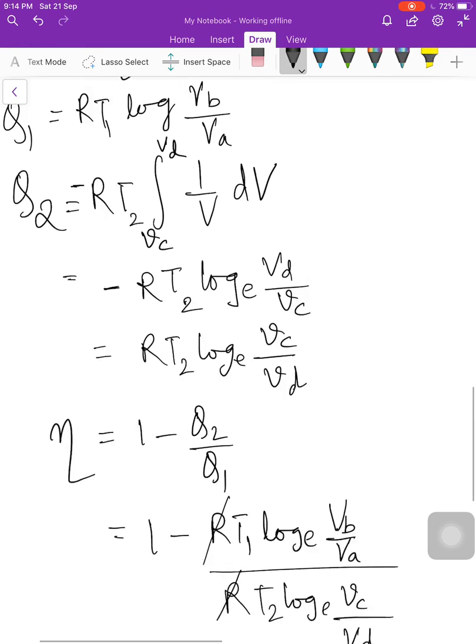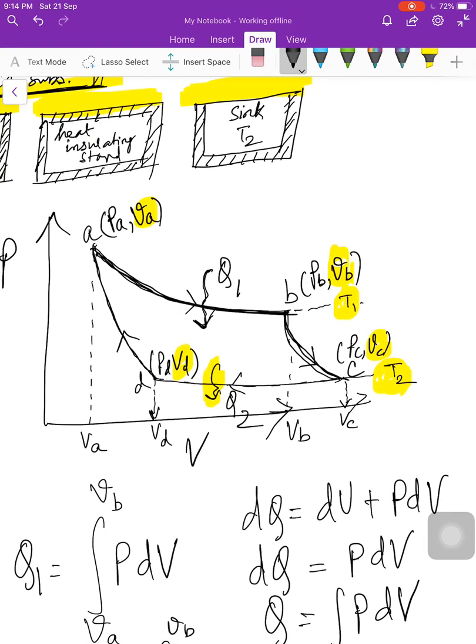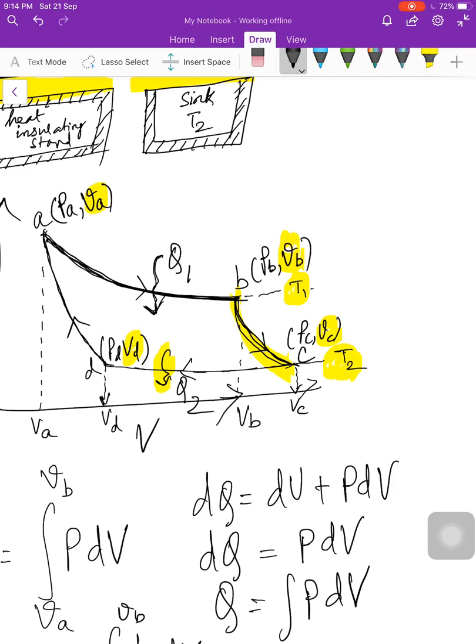Now one more interesting thing: as you can see here, BC is an adiabatic curve, so I can write one relation connecting temperature and volume. The expression is T1 VB to the power of gamma minus 1 is equal to T2 VC to the power of gamma minus 1. Similarly, for this adiabatic DA, I can write a similar expression.